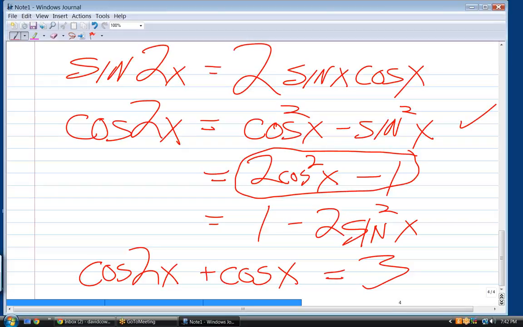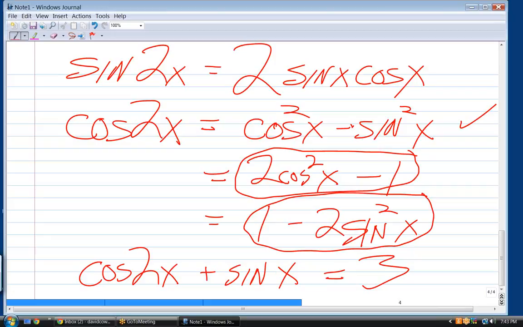I can solve it using the quadratic formula. If this was sine, well, now I want to make a quadratic in sine x. So I'm going to use this identity. In other words, I'm going to turn my cosine of 2x into this, and now I'll have everything in sine x. I'll have a sine squared, I'll have a sine, that's a quadratic.